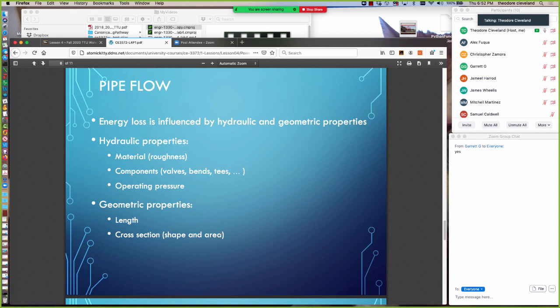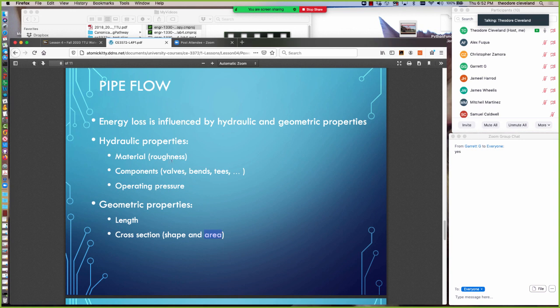So the pipes are usually circles, and so the area is directly proportional to the square of the diameter. And so the design variables we are concerned with ultimately are how long is the pipe, and we don't have a huge amount of flexibility because we are trying to bring water from one location to another, and it's got to have non-zero length to do that, and the diameter.